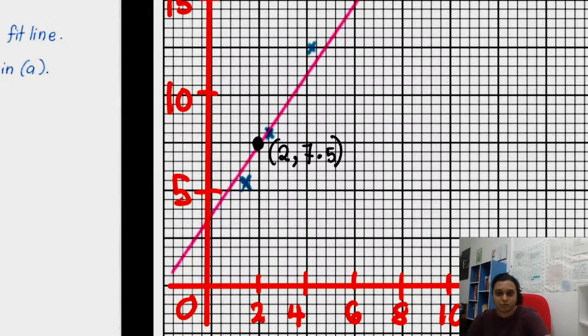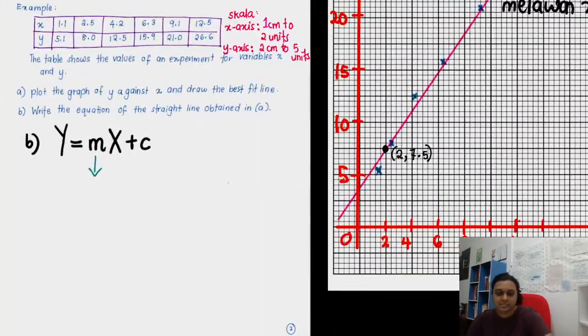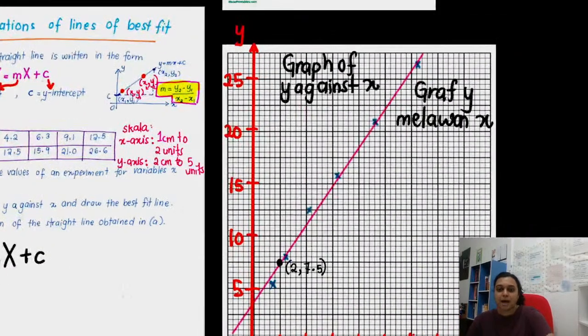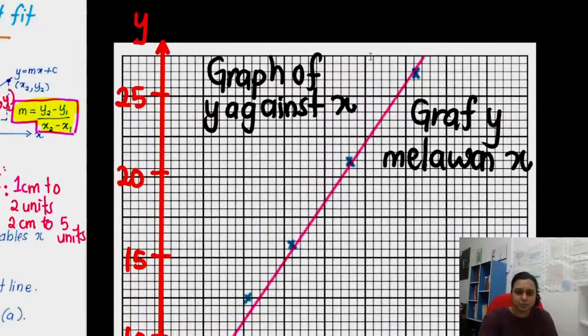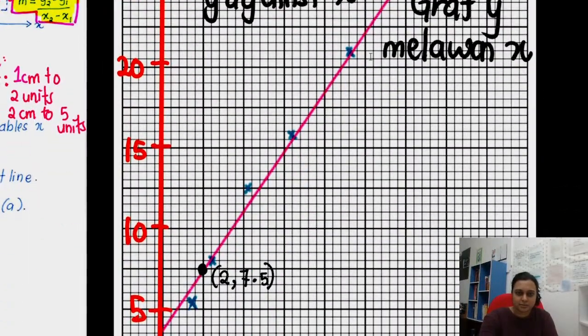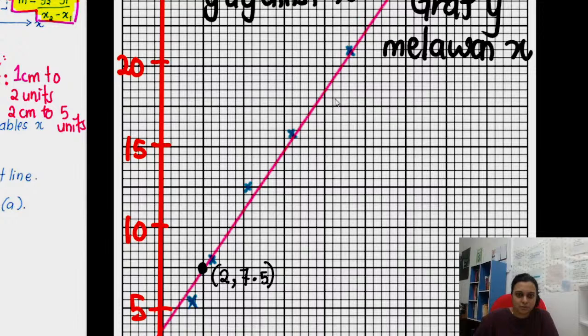Okay. So now teacher choose satu point daripada graph. Now I'm going to choose another point up a bit from the graph, atas sikit. Okay, let's go for this one.